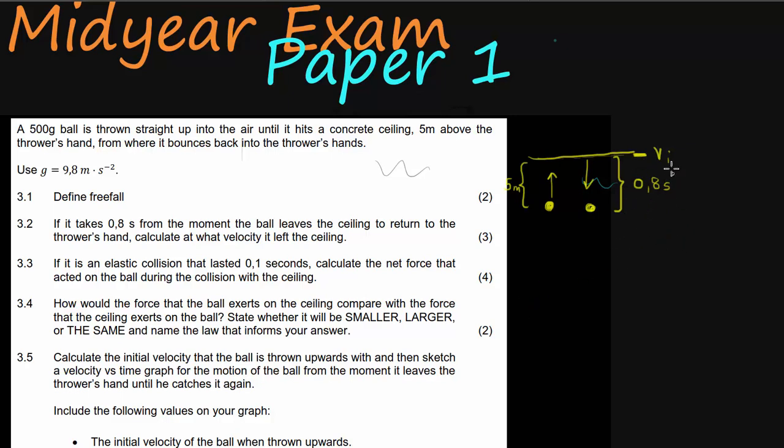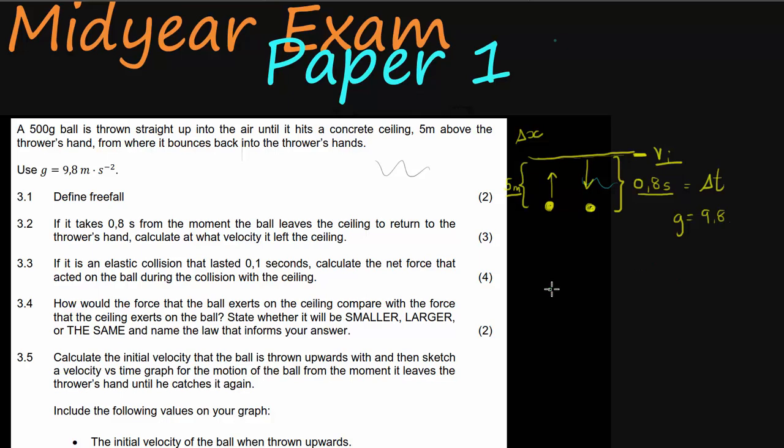So what do we know? We know the time it took and the distance that it traveled, and we're asked for the initial velocity. So the information is delta x that we have, vi that we want, and delta t that we have. Also, in this case only gravity applies.